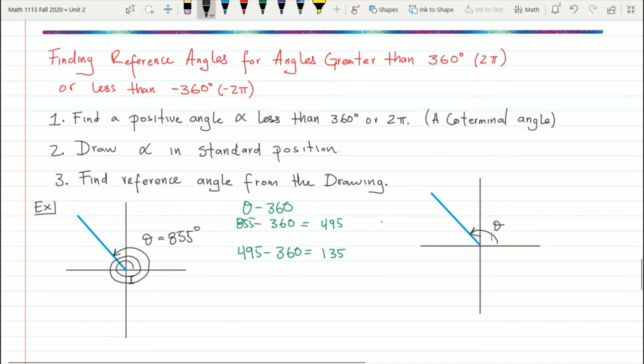So this new theta is a coterminal angle with 855.